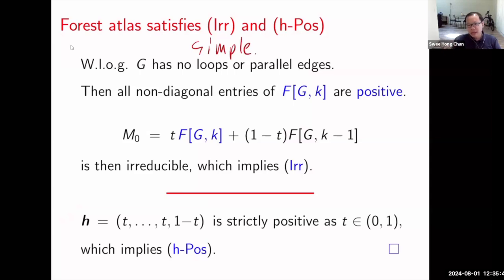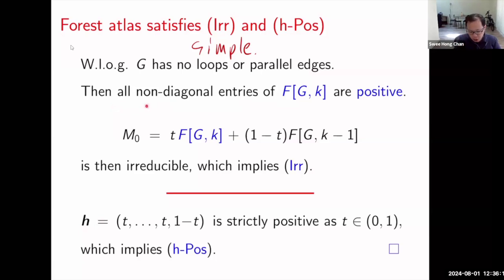In that way, given any two edges, you can always find a forest that contains these two edges. This is what we call the exchange property for forests. That implies that all non-diagonal entries are positive, while the diagonal entries can be equal to 0 because you cannot have parallel edges.